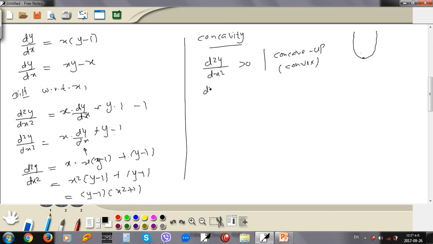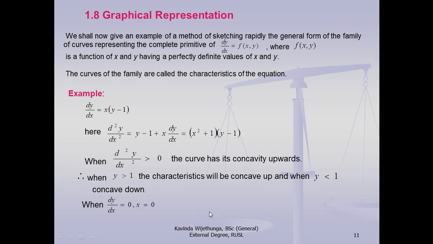If d squared y over dx squared is less than 0, that is concave down, and it has a maximum. So when d squared y over dx squared is greater than 0, it has concavity upwards. That I explained for y equals 1.